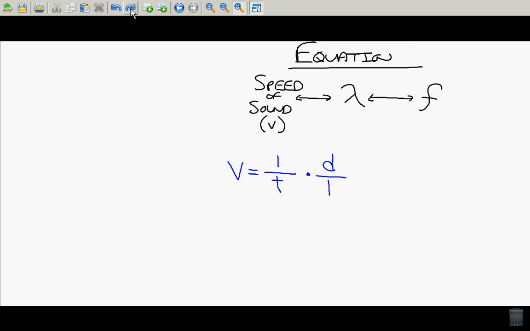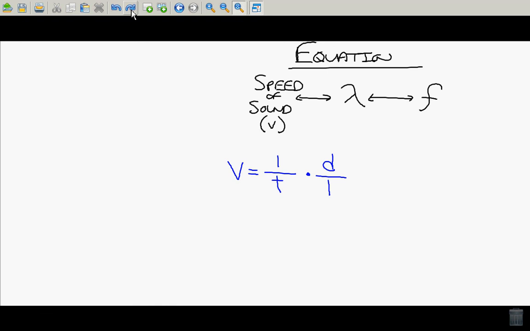And that will give us our equation, velocity equals distance over time. So we'll notice that all three components we've talked about, speed of sound, wavelength, and frequency, match up perfectly to our velocity equals distance divided by time equation.